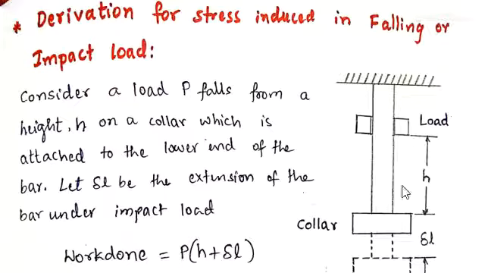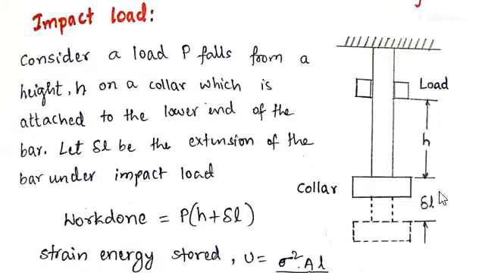Because this load is falling, there is an extension in this rod, that is delta L. Let us take the load as P, the height of fall as h, and the extension in this rod as delta L. When this load is falling from this height and moving this much distance, the work done by this load is load or force into distance.